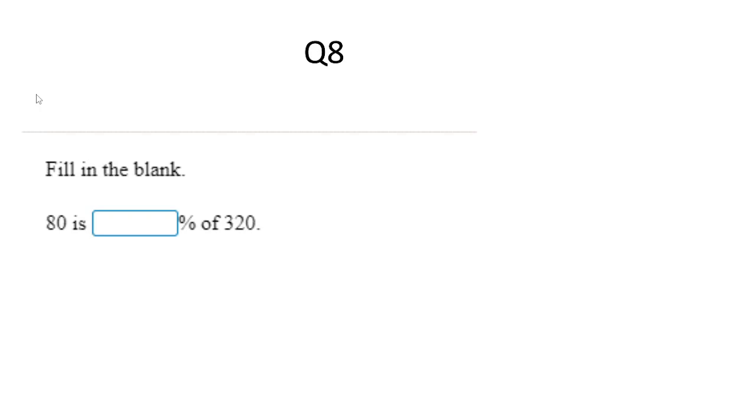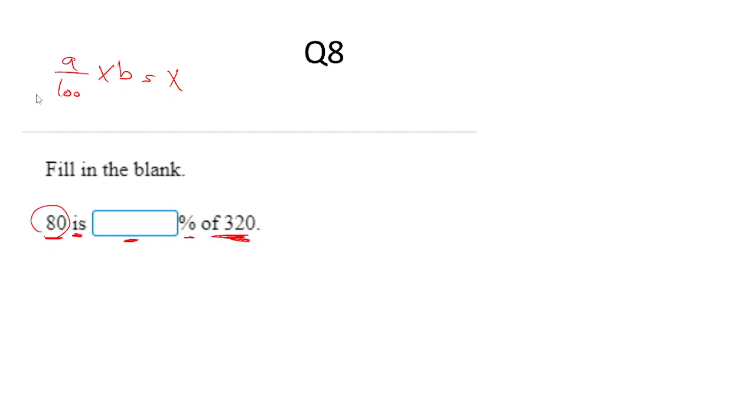Let's move to the next question. Same thing, when I see something like that, I will write the formula: A over 100 multiplied by B equals X. It says 80 is what percent of 320.